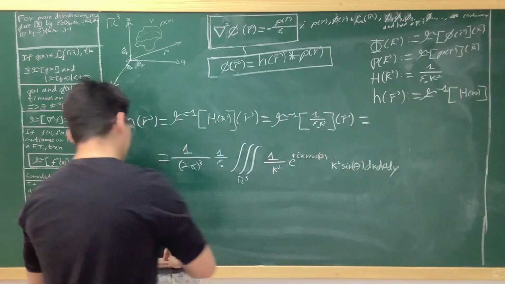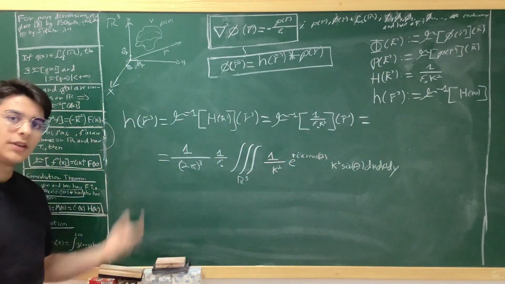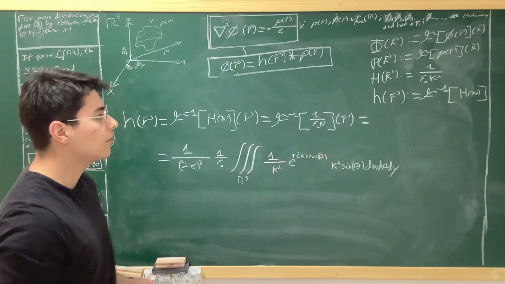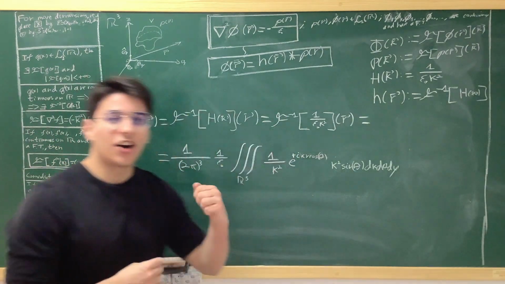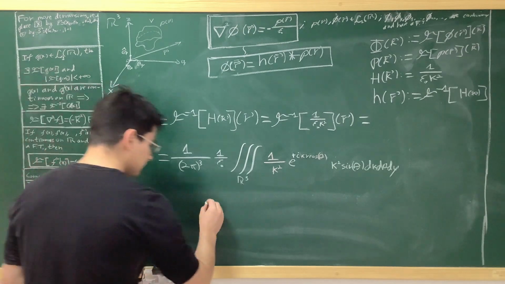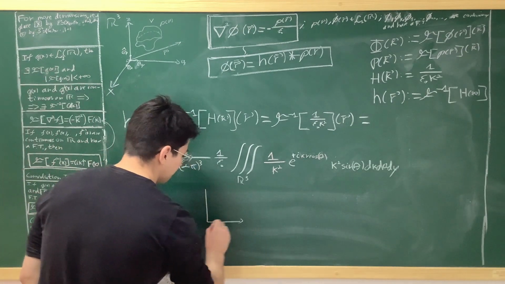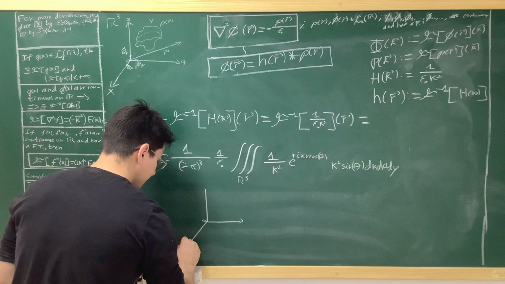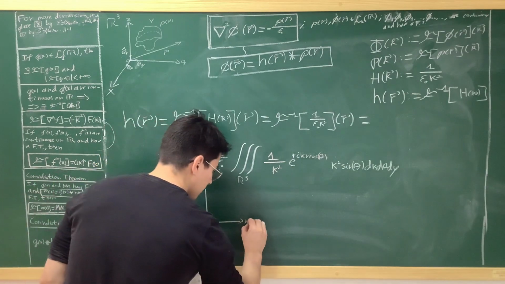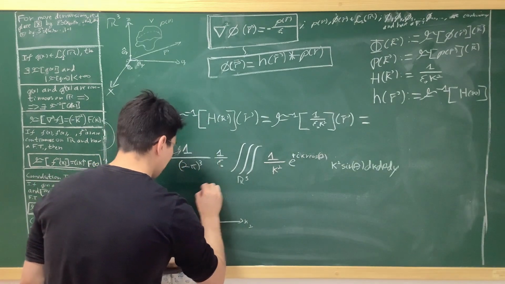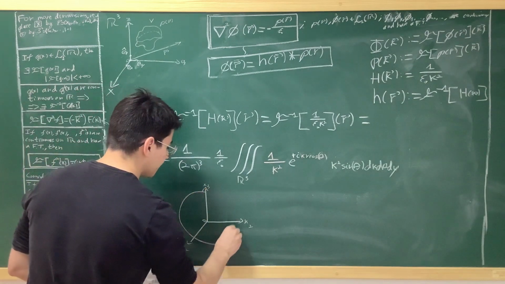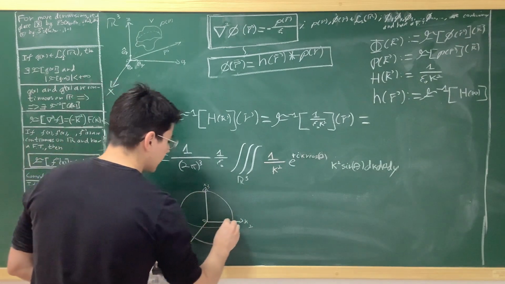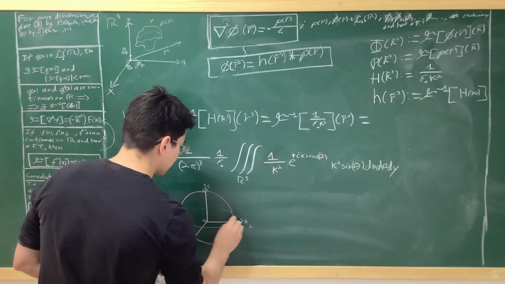Well, okay. The whole of the three-dimensional space can be thought of as an infinitely large sphere. So if we have our axes K1, K2, and K3, just imagine an incredibly large sphere with radius going from 0 to infinity.